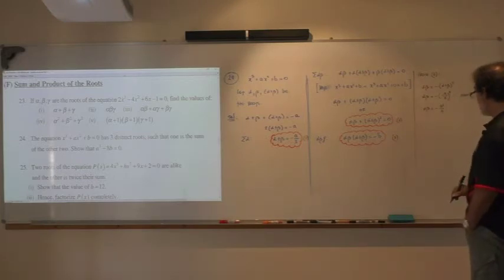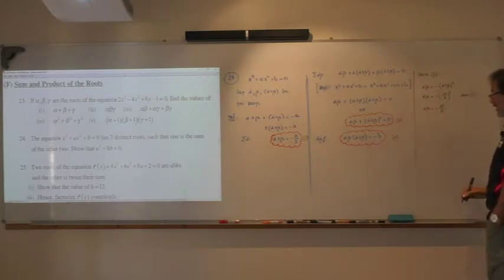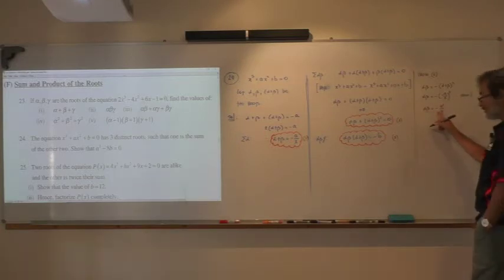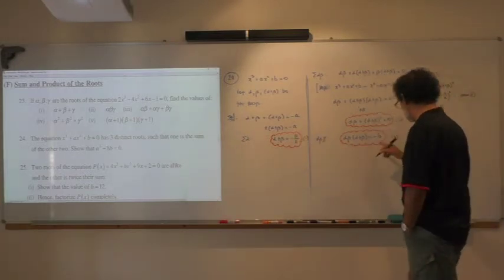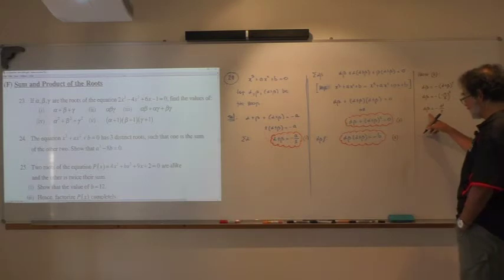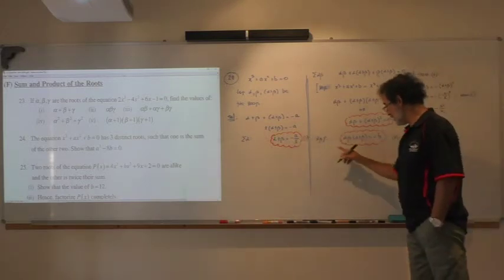Okay, that is great, and I'll tell you why. Because we already know that alpha beta is equal to this, and we already know that alpha plus beta is equal to this. So we're going to substitute this result and that result in here.